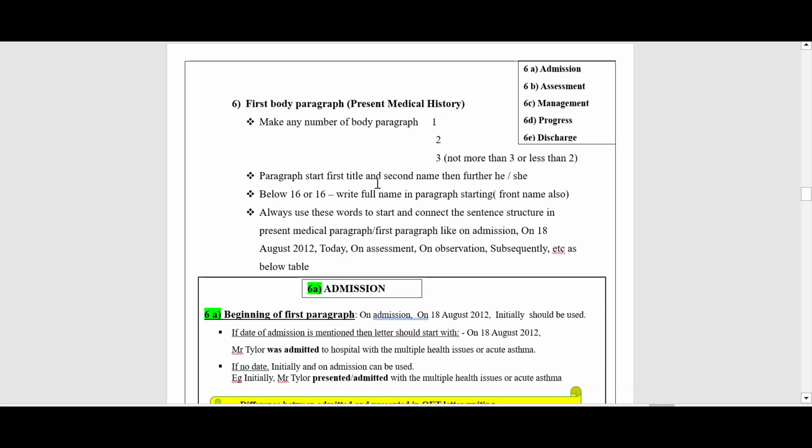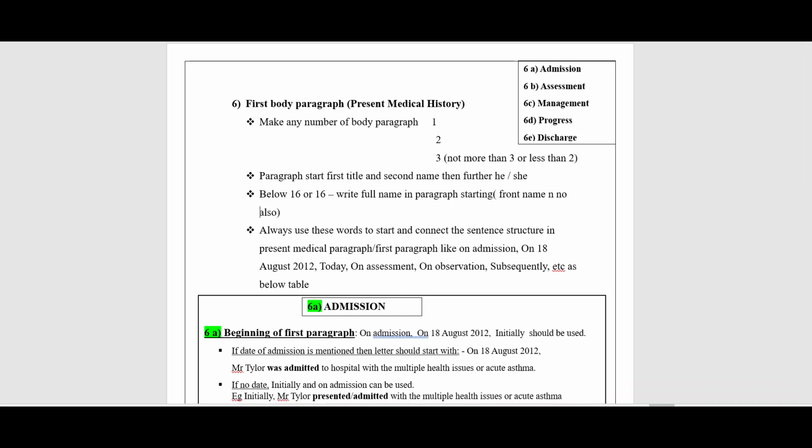And you have to be careful with the name for above 16. Above 16 we write the second name and title, but for below 16 there is no title, just the front name.